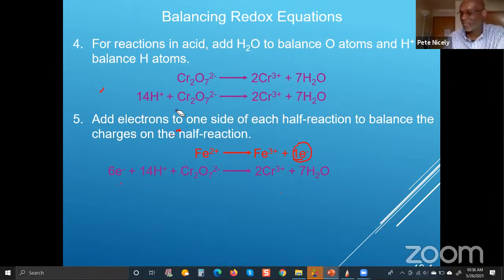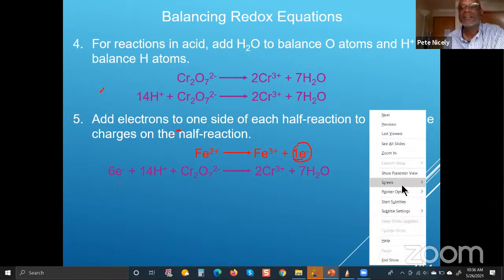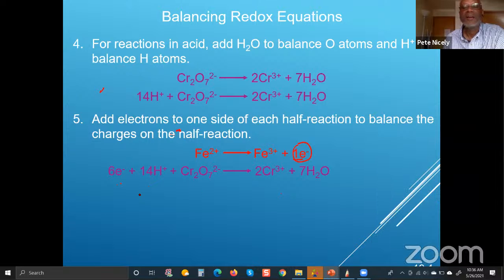Going back to this example, we had plus 12 here and plus 6 here. Because this is higher, we add 6 electrons to this side to get it reduced to plus 6, which balances with the plus 6 on that side, all right?